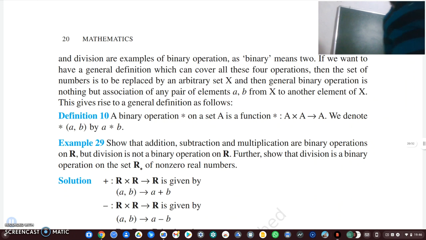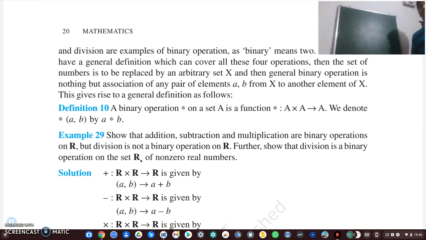Now how can we define what a binary operation is? We can say that a binary operation is defined on a set of numbers that could be replaced by an arbitrary set X. You should know the spelling of arbitrary: A-R-B-I-T-R-A-R-Y.